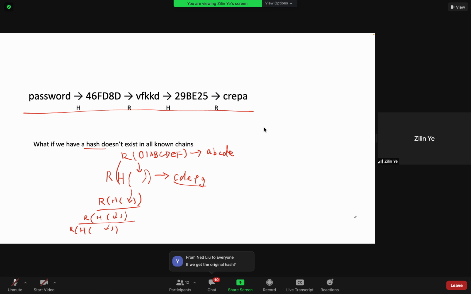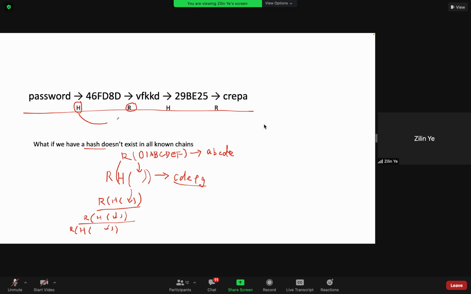If we get to the original hash... not really. Do it no more times than the length of the longest chain in the database. Yeah, that is correct. For all the chains, how do we produce them? We're basically just hashing and reducing.